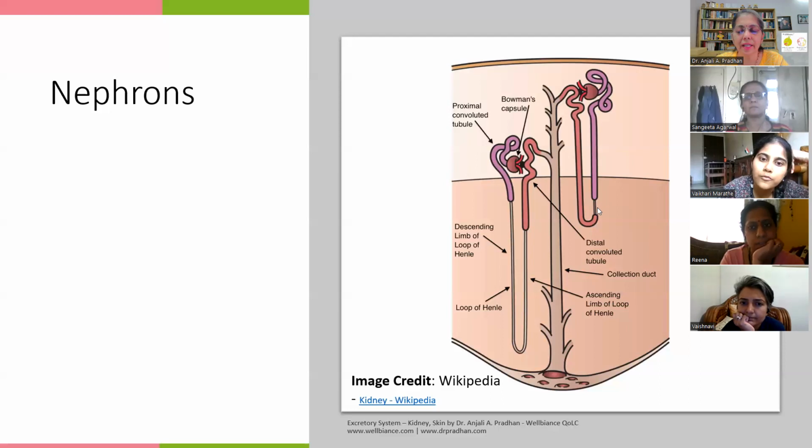This is descending, नीचे जा रहा है, that is why descending limb of loop of Henle. This then comes up, so ascending. See, here also proximal convoluted tubule, descending loop of Henle, then comes the ascending loop of Henle, then distal convoluted tubule. Distal क्यों? क्योंकि वो दूर है ना, नेफ्रॉन से दूर है.